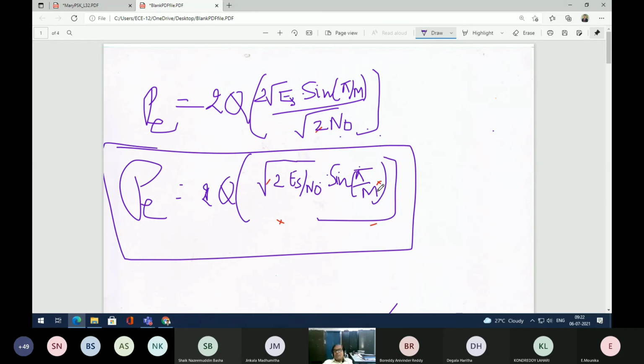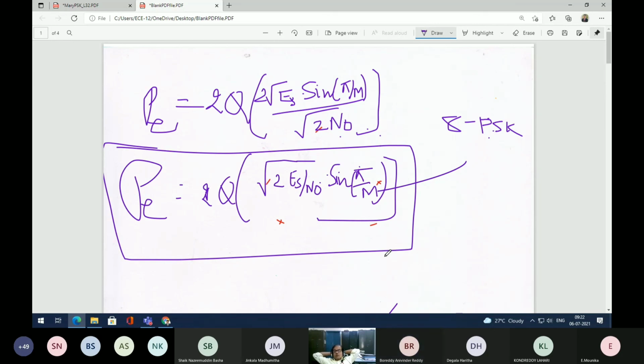And depending upon the value of m now, if m is equal to 8, 8 PSK, you put m equal to 8 here. And what is the pi by 8 value? Pi is 180. 180 by 8. How much are you going to get? 22.5.